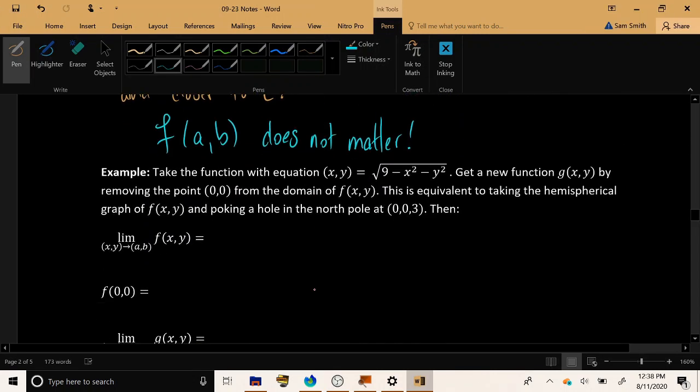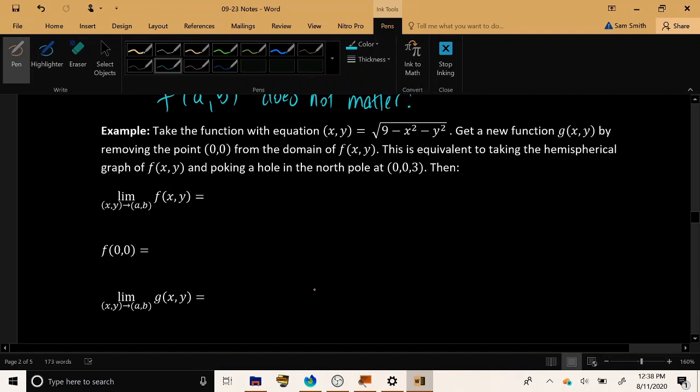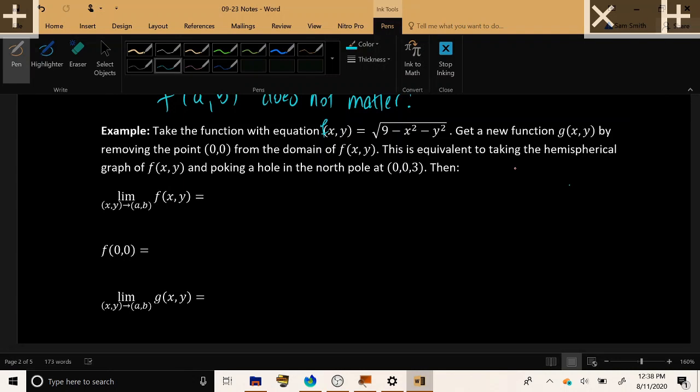All right, so let's consider the following function. Take the function with the equation f of x y equals the square root of 9 minus x squared minus y squared. Now from that function, I'm going to create a new function which I will call g of x y. And I'm going to get that new function by modifying the old function f in the following way.